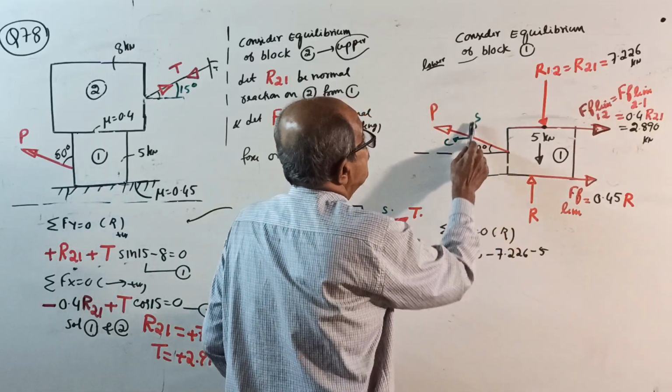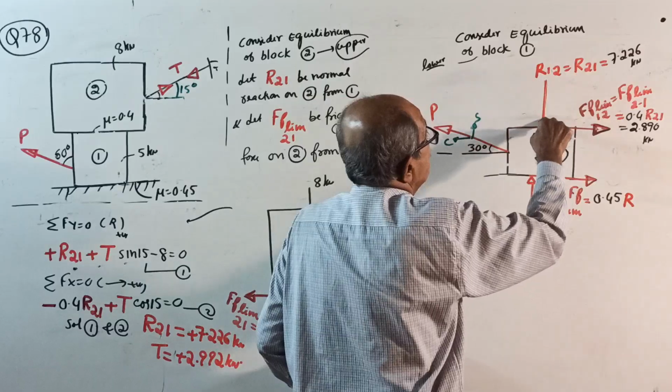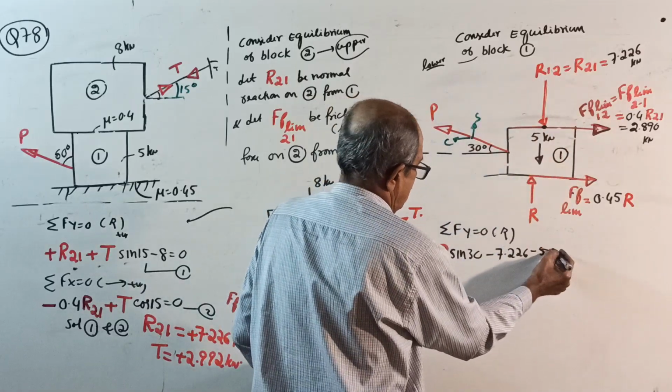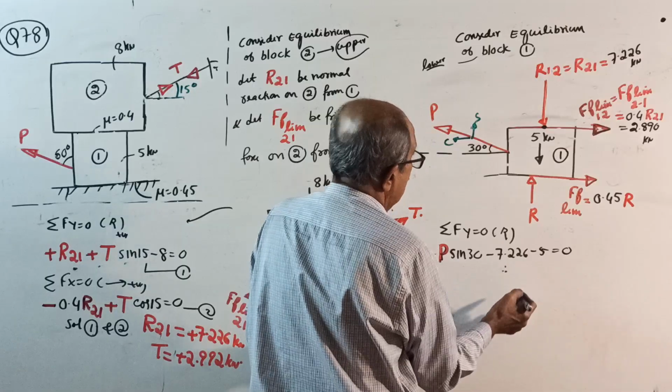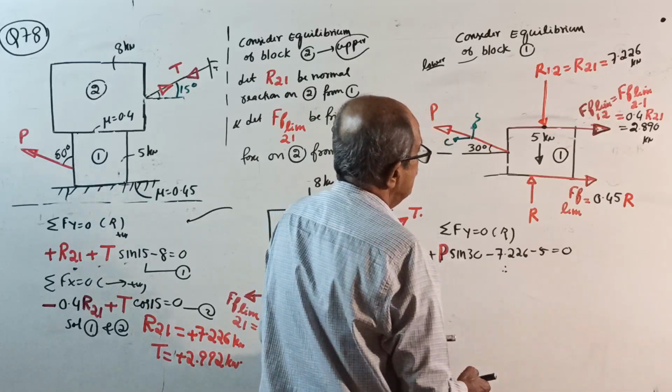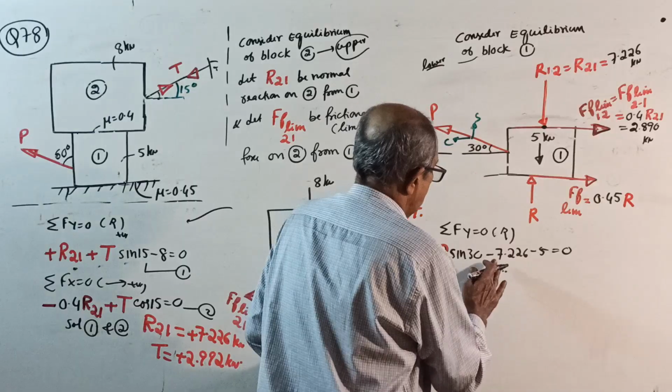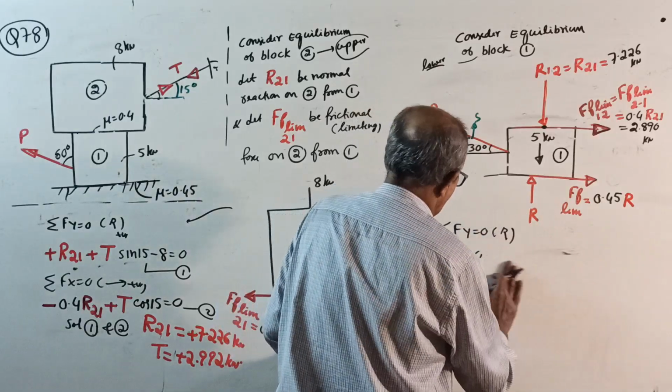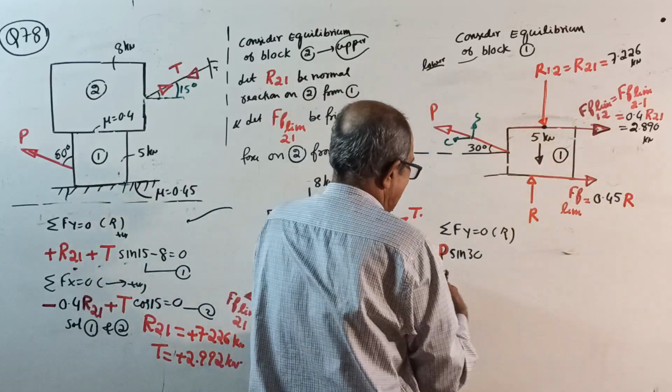P sin 30 minus 7.226 minus 5 equal to 0. Therefore, anything? Sorry. R is missing. I got wonder. Plus P sin 30 plus R.